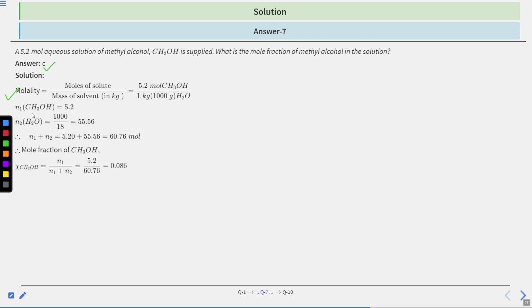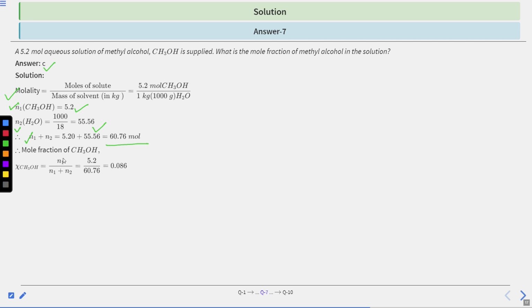So moles of H2O will be given mass upon molar mass. So 1000 gram upon 18, the molar mass, which is coming out as 55.56, right? And we can add the moles of both solute and solvent for getting the total moles of solution, and it is 60.76 mole.